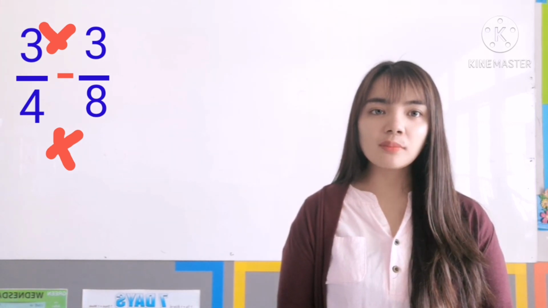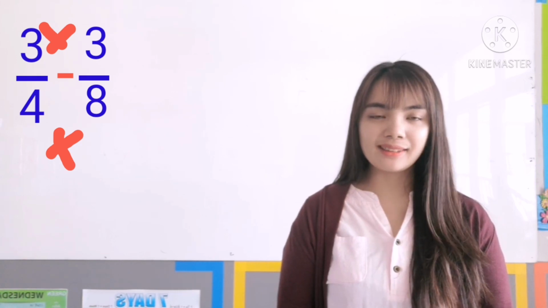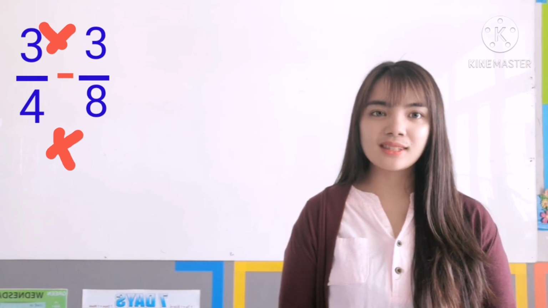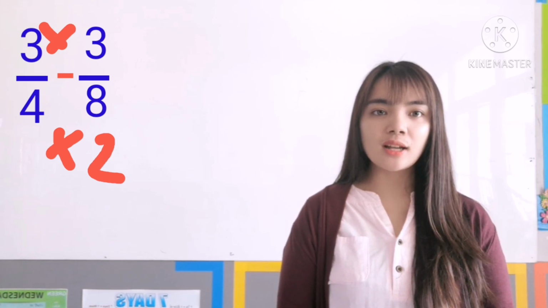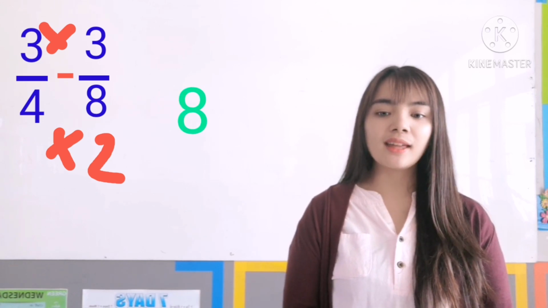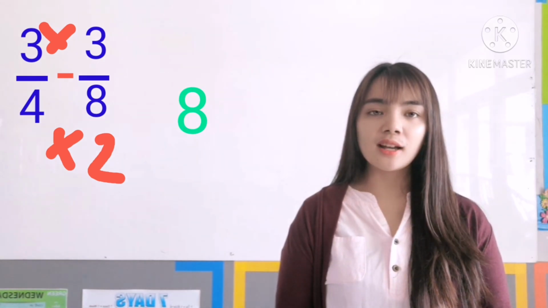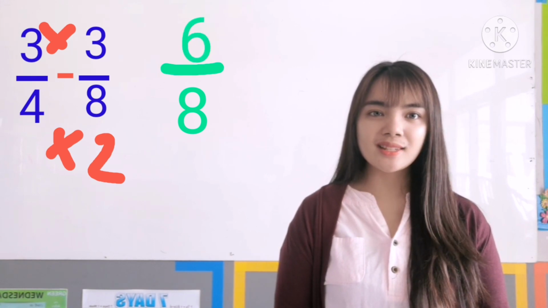So what number can we multiply by 4 to make it 8? It is 2. So 4 times 2 is equivalent to 8. Then 3 times 2 is equivalent to 6.